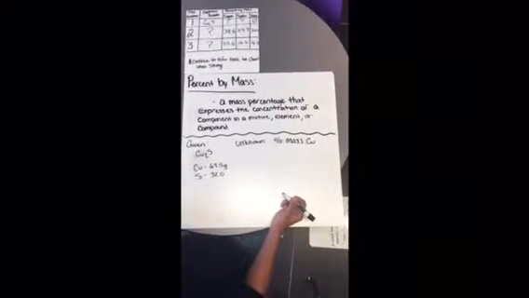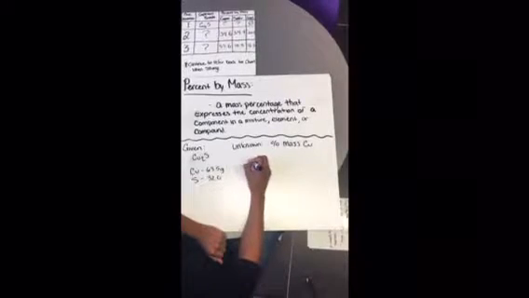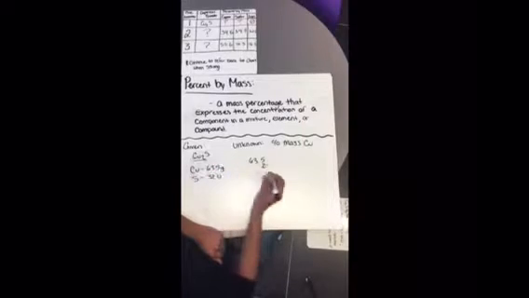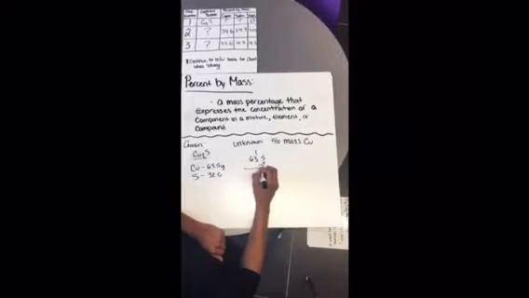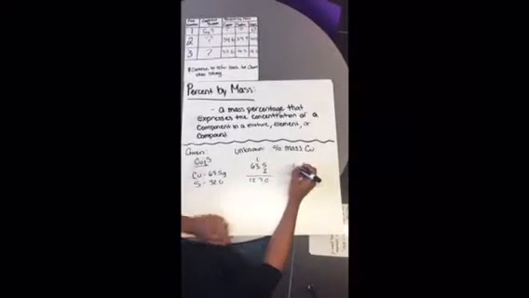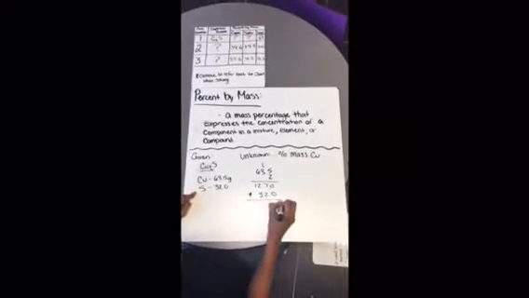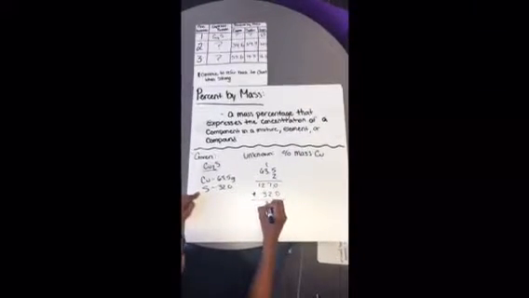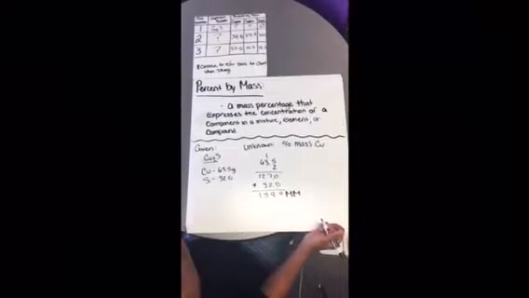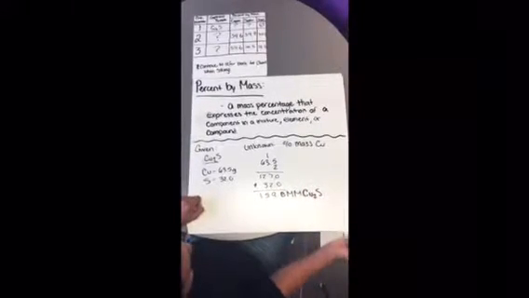So first, we're going to find the molar mass of Cu2S. We take 63.5 times 2 because we have 2 Cu, and that will give us 127 grams. And then we have 1 sulfur, so we'll just add 32 grams to the 127, and we'll get a total of 159 grams for Cu2S as the molar mass.